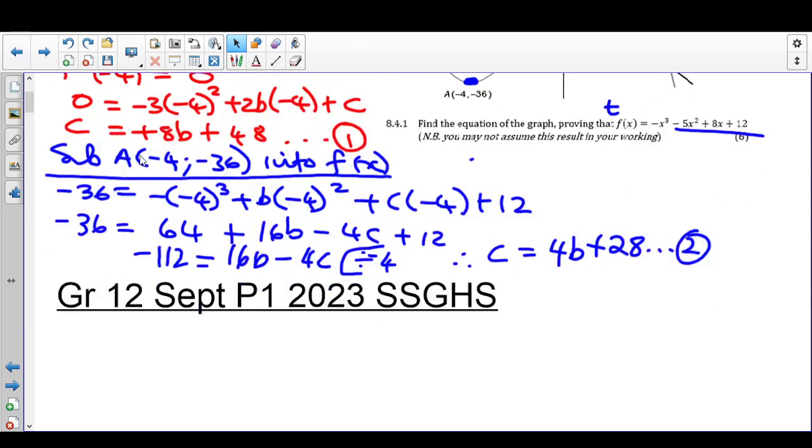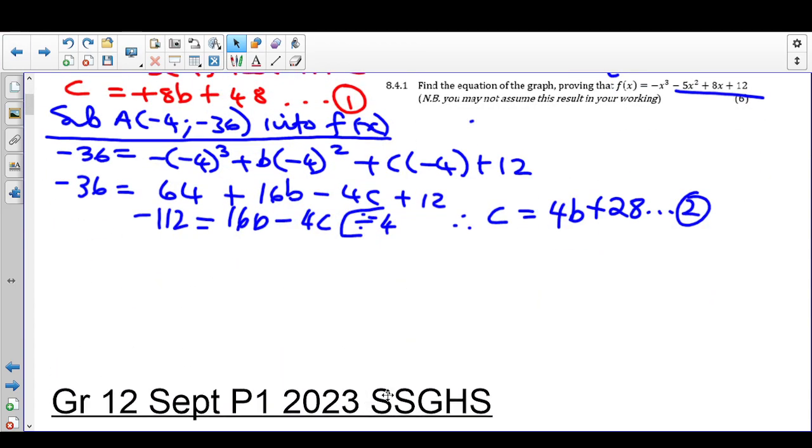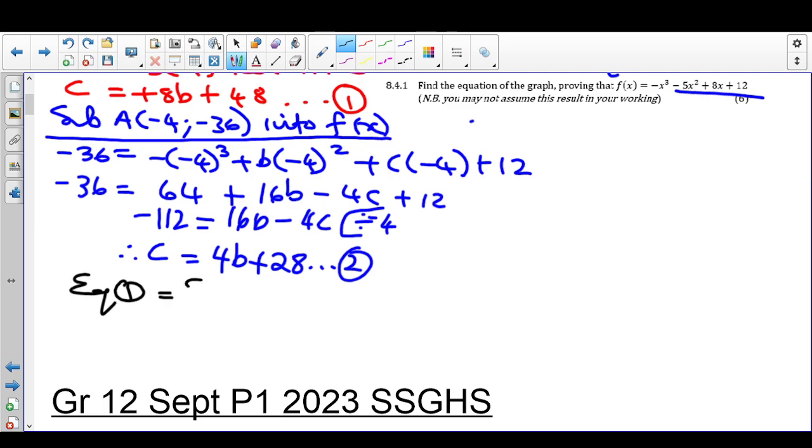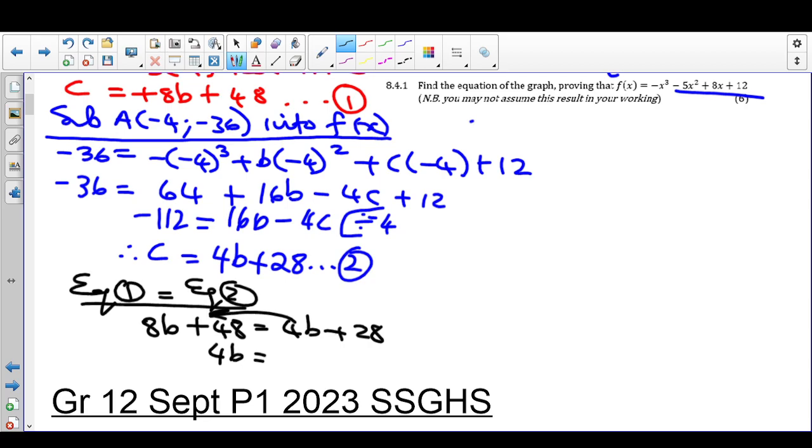So equation 1, equation 2. You set equation 1 equal to equation 2. So I now get 8b plus 48 is equal to 4b plus 28. Taking over the equal sign, 4b is equal to negative 20, so b is negative 5, which confirms that.